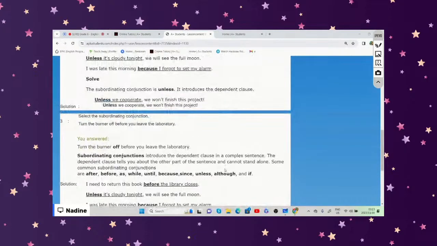Turn off the burner. Turn the burner off before you leave the laboratory.